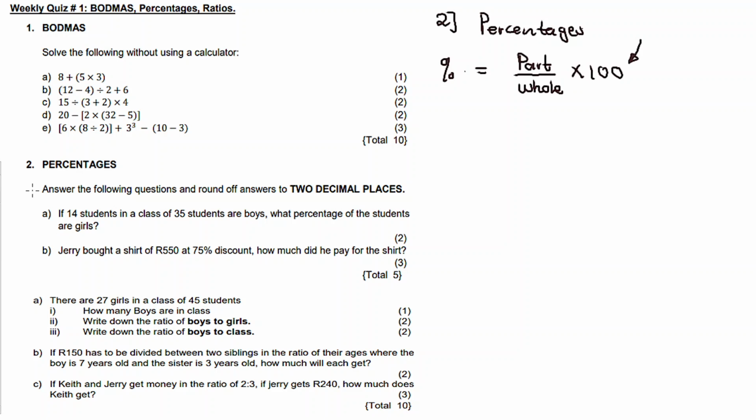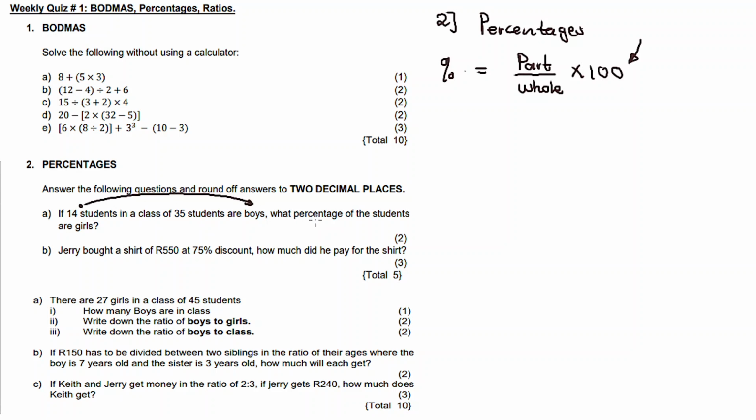So look at this question A. If 14 students in a class of 35 students are boys, it means that the 14 is the number of boys.